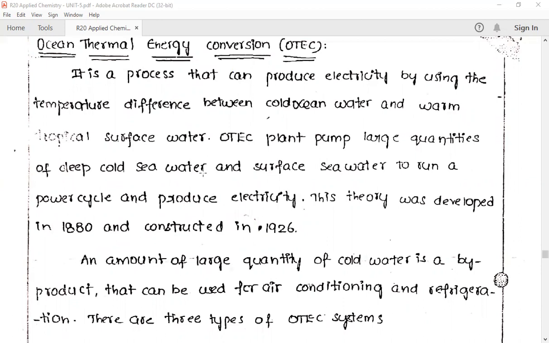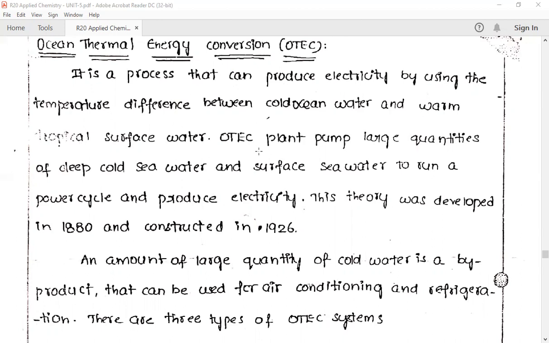The process which uses the heat energy stored in the Earth's ocean to generate energy is called ocean thermal energy conversion, abbreviated as OTEC. It is a process that can produce electricity by using the temperature difference between the cold ocean water and the warm tropical surface water.